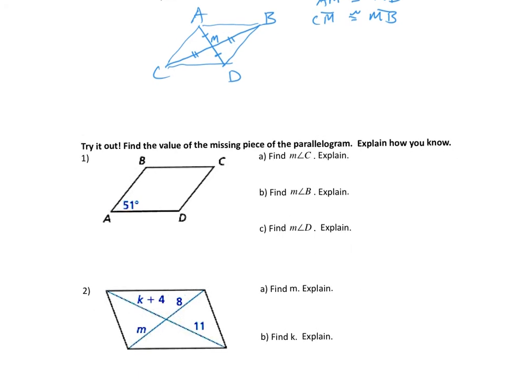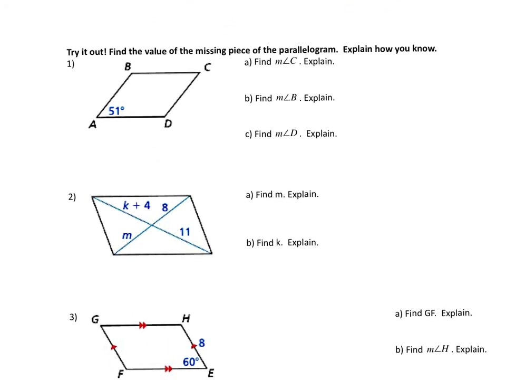All right, let's try this out. Number 1, we know A is 51. Find the measure of C. Well, A and C, since they are opposite, they have to be equal. So this is 51 degrees because opposite angles are equal. Number 2, measure angle B. A and B also have to be supplementary.